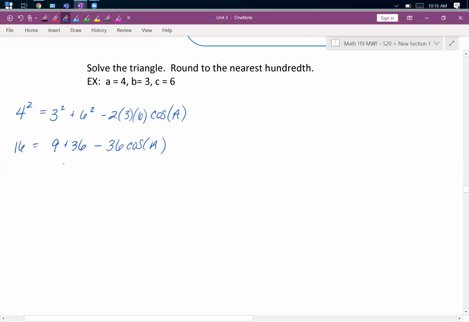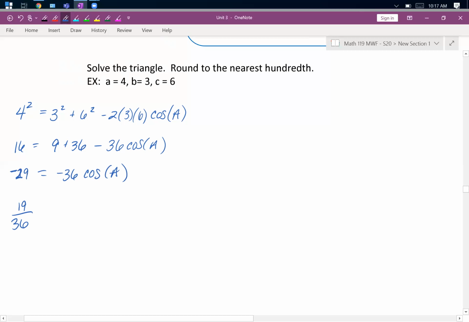So what do we got there? 35 minus, so it's negative 19 over here. Oh no, that's 45. That's 29 over there, right?